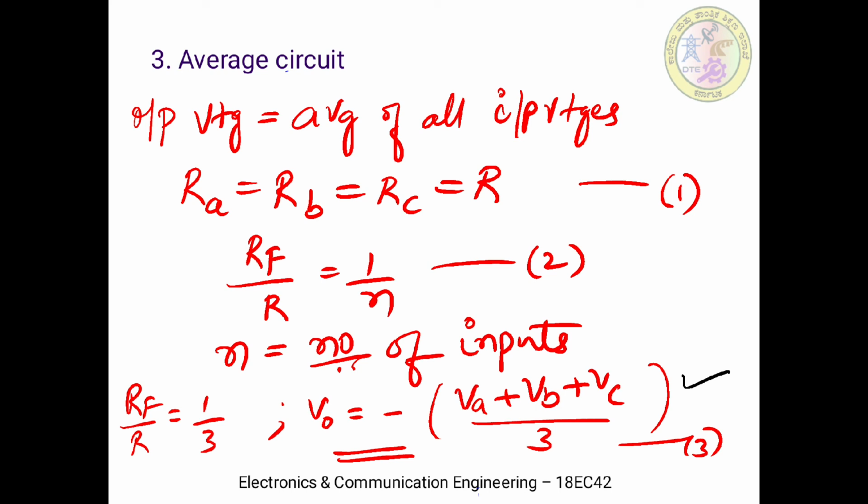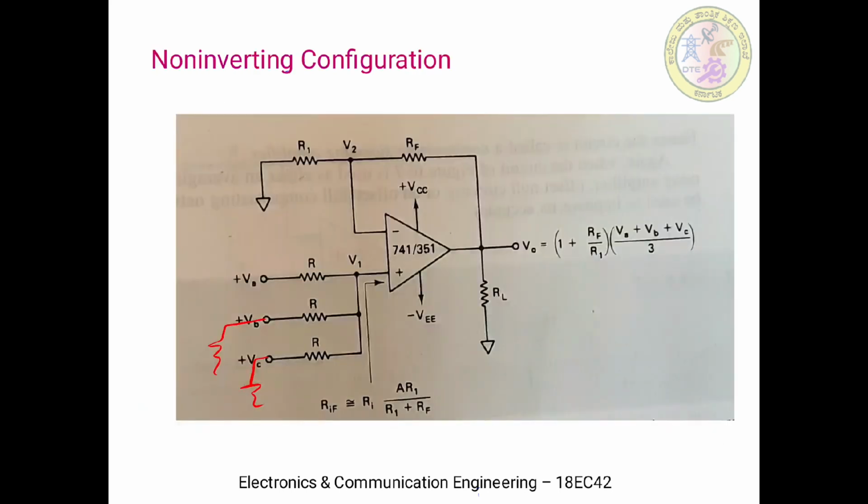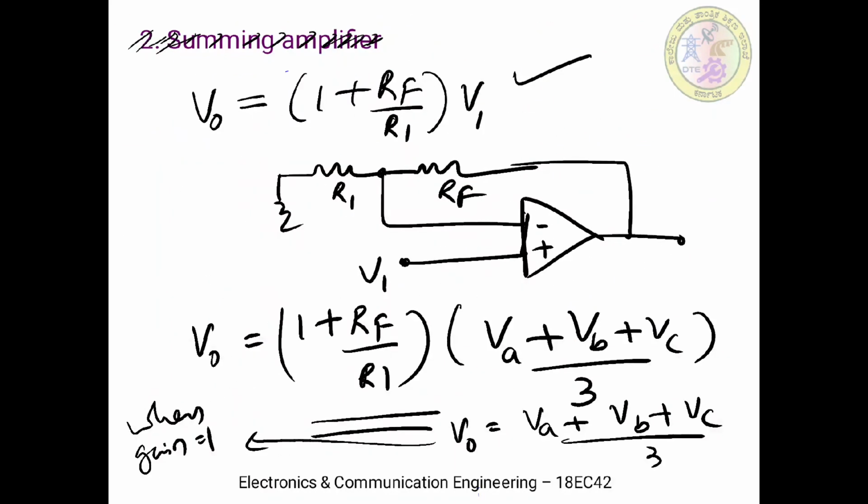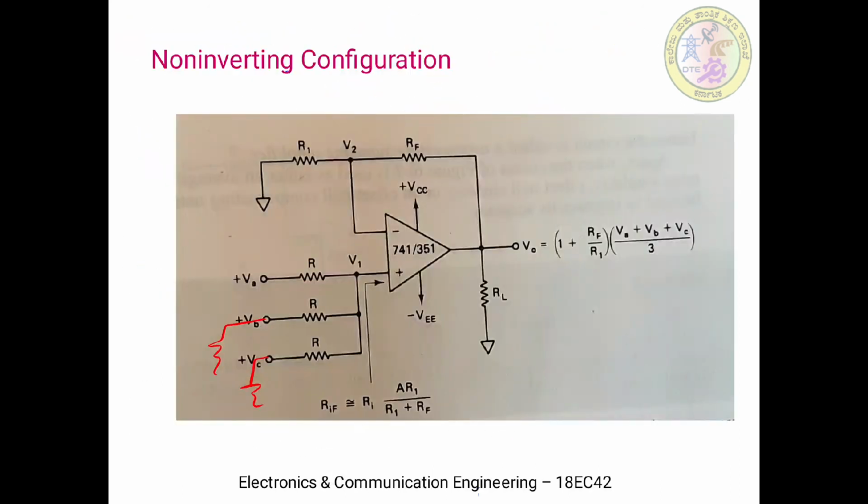What is the difference between the output of the inverting configuration and the non-inverting configuration? The first thing we observe is that there is no sign change in the non-inverting configuration. The word itself says non-inverting, so there is no phase reversal between the average of the inputs and the output.